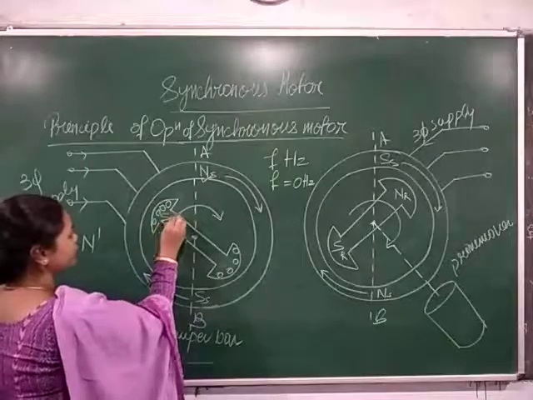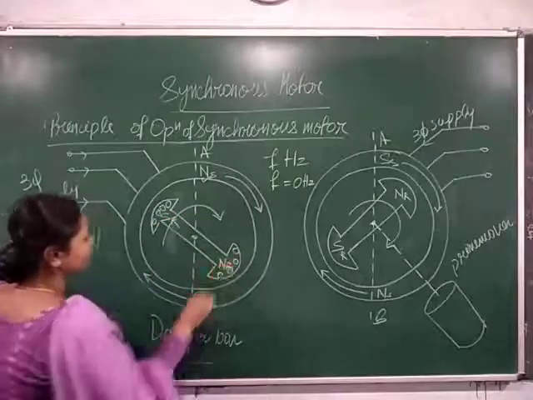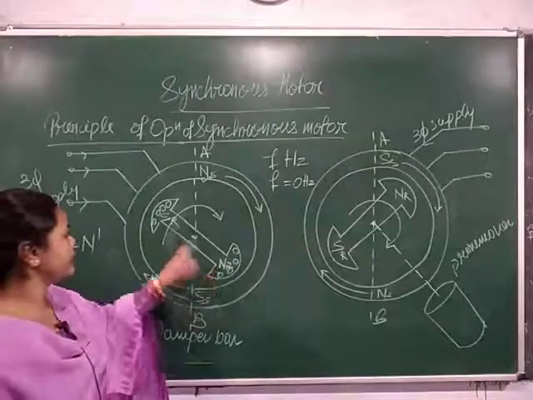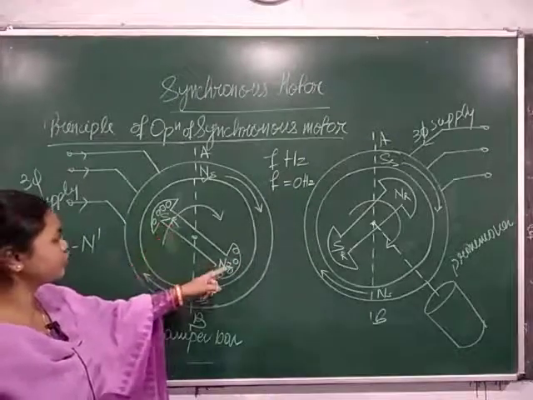Now you excite the field winding in such a way that the rotor pole and stator pole are opposite. This SR and NR are the south pole and north pole of the rotor.